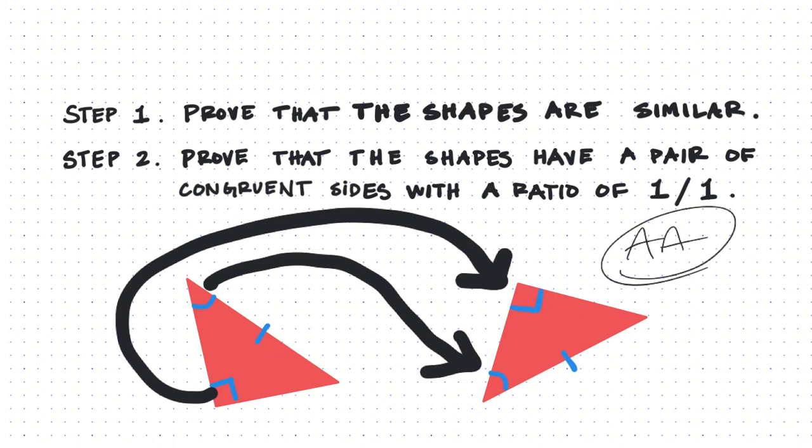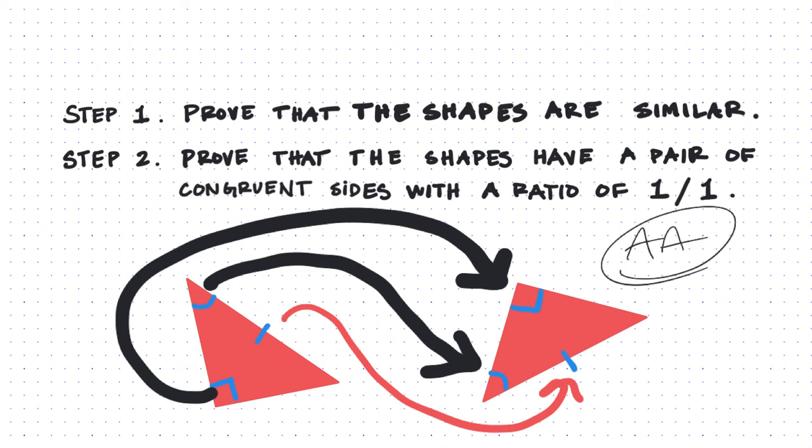And now that we have proven that they have angle-angle similarity, we can move on to step 2, which says that we have to prove that the shapes have a pair of congruent sides with a ratio of 1/1. And we have that right here. This has a tick mark of 1, and this side has a tick mark of 1, both of which are the hypotenuses of these right triangles.